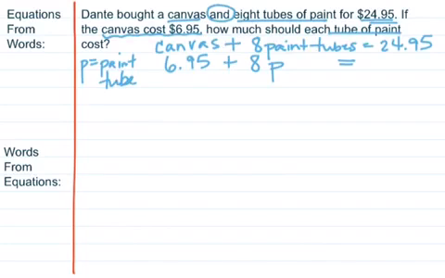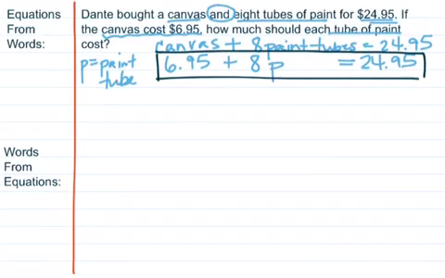And that's going to equal $24.95. So right here, since we're practicing writing an equation, there is our equation. I have my variable defined over here to the side, and then I've got my equation right here.